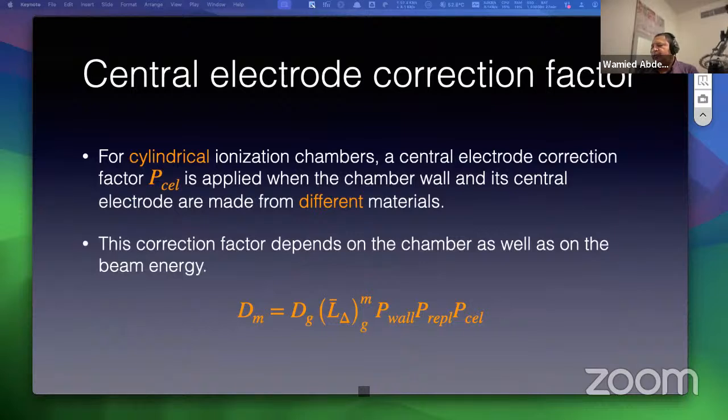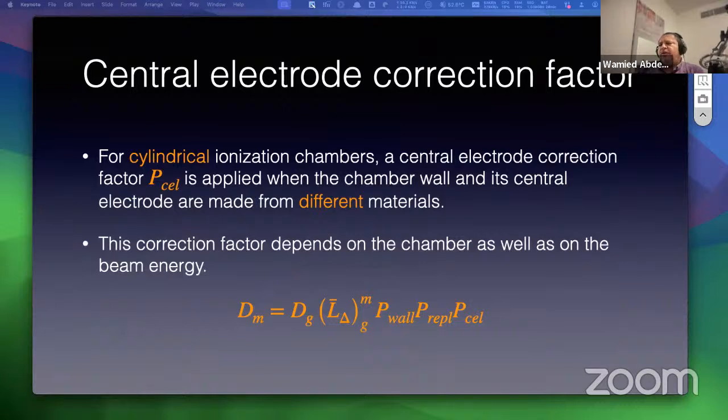For example, if the central electrode is made out of aluminum, whereas the wall is made out of graphite, then we need to account for this in the P central electrode. Again, it's a very small correction factor, but in order to get the dose as accurately as possible, one needs to account for such things. But if the central electrode and the wall are both made out of graphite, then this perturbation factor is equal to 1.